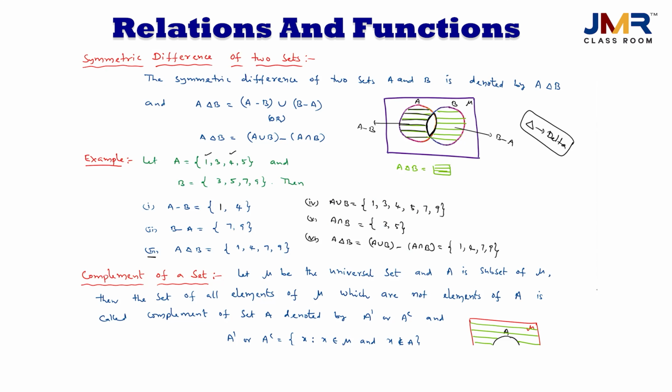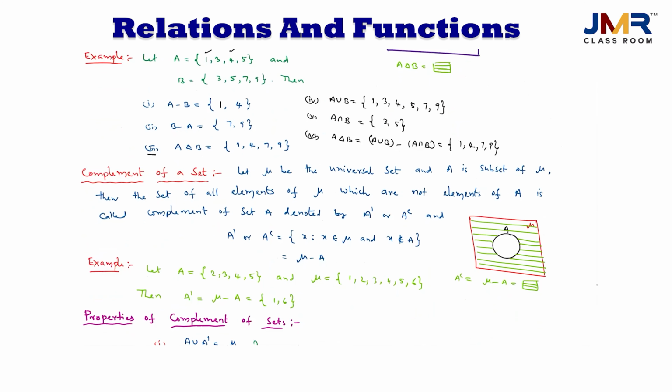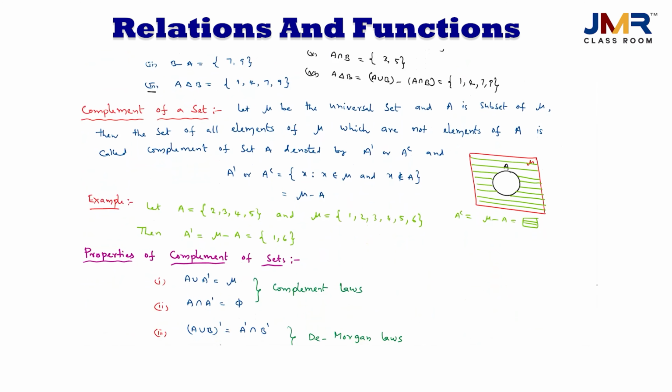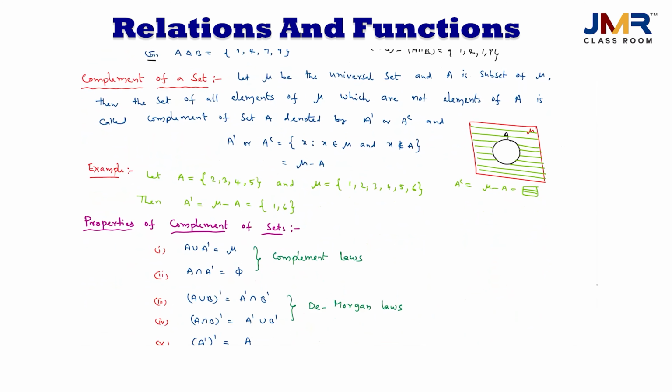Now, come to one more, complement of a set. What is the complement of a set? Let mu be the universal set and A is any subset of mu, because all sets are subsets of the universal set.